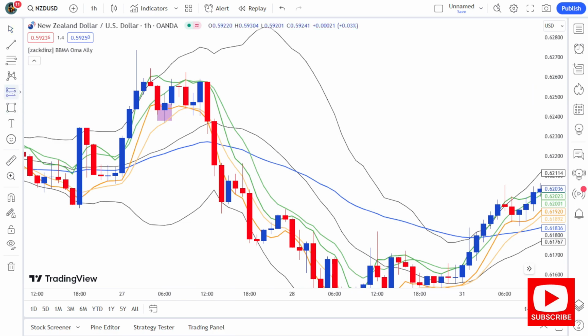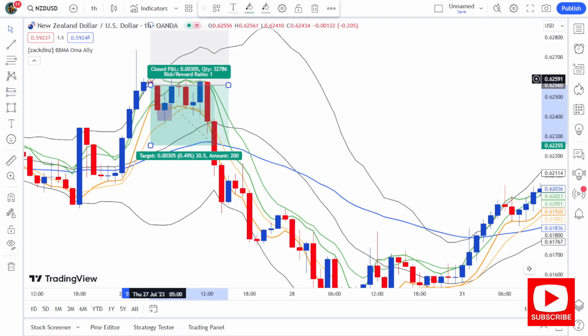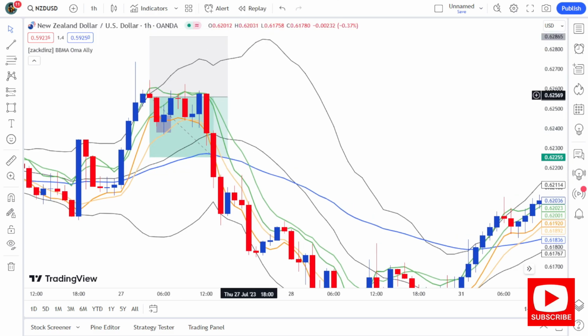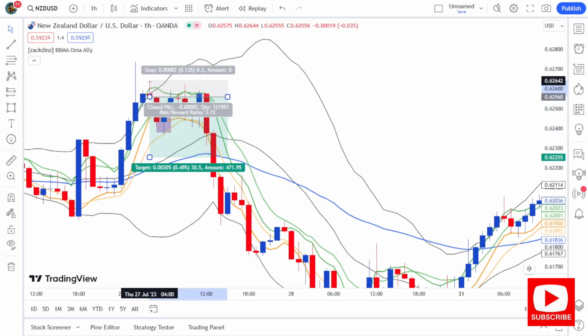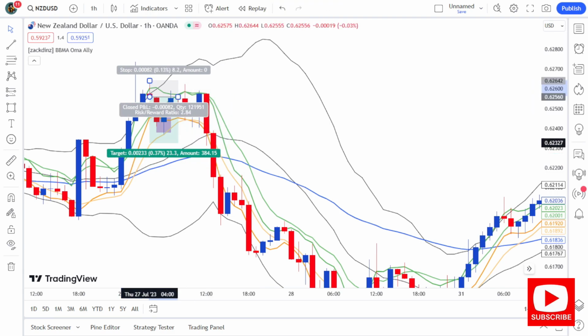So we take our sell position for the extreme, stop loss slightly above, and take profit at moving average 5 or 10 low.